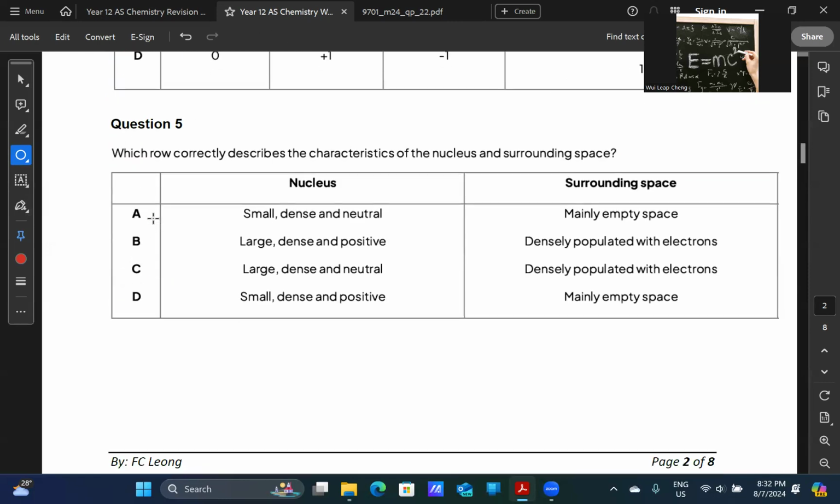Question number 5. Which row correctly describes the characteristic of the nucleus and surrounding space? Nucleus, from the start of the discussion, is made out of what? Proton and neutron.